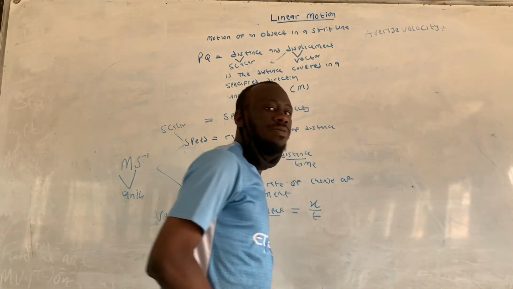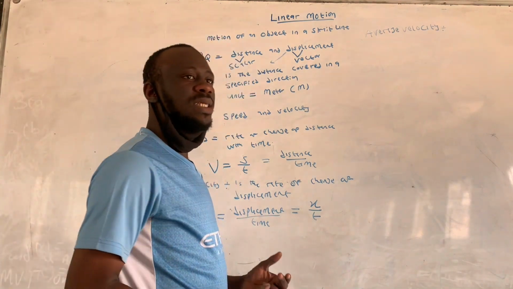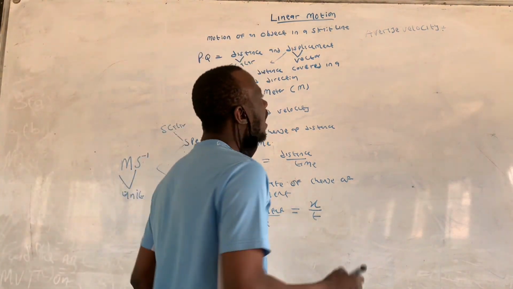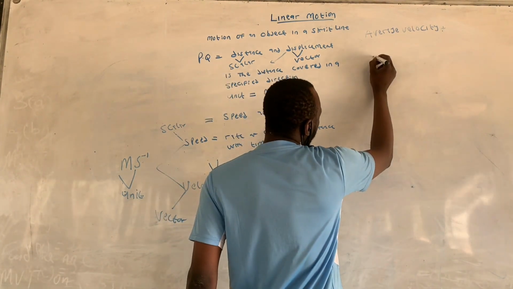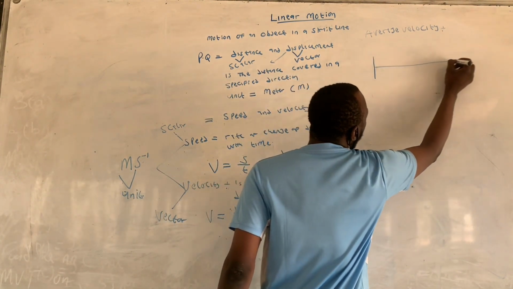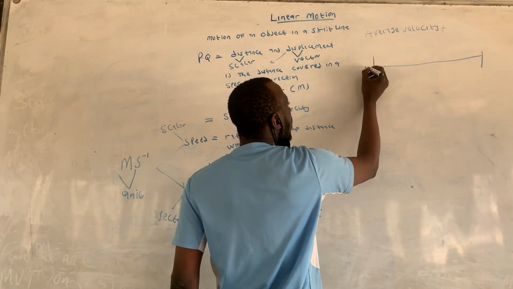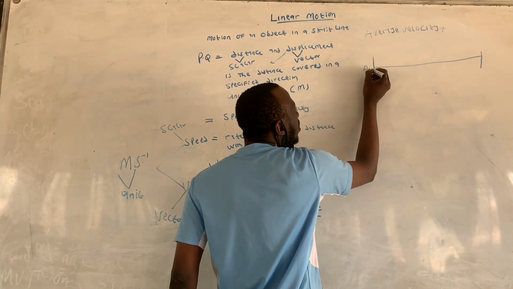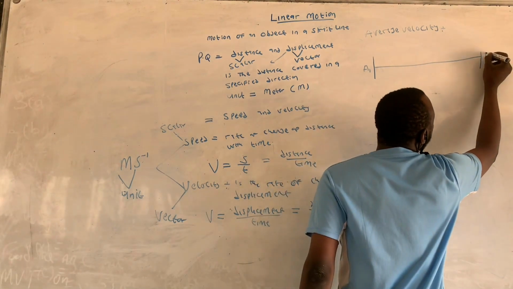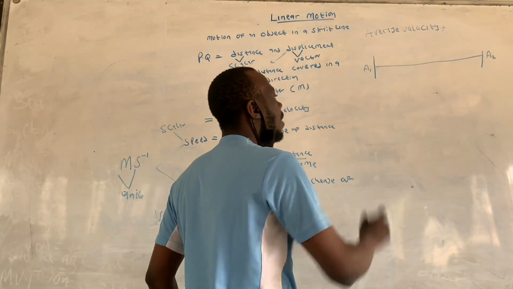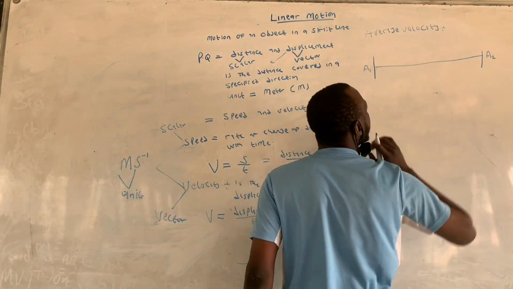Now, what is an average velocity along distance x? For example, a body might cover a distance from point A1 to point A2. Or you can say from Katsina to Kano.